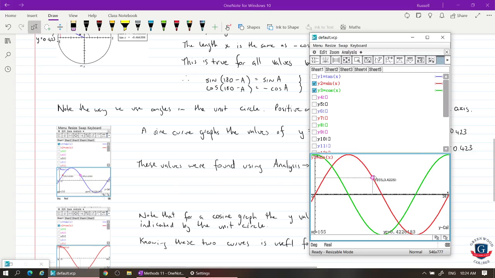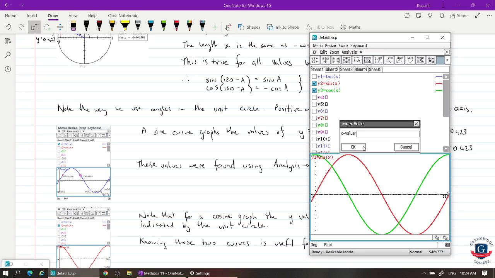So that's the value for 155. If we look at 25, we'll find out that it's also 0.4226. They're equivalent.